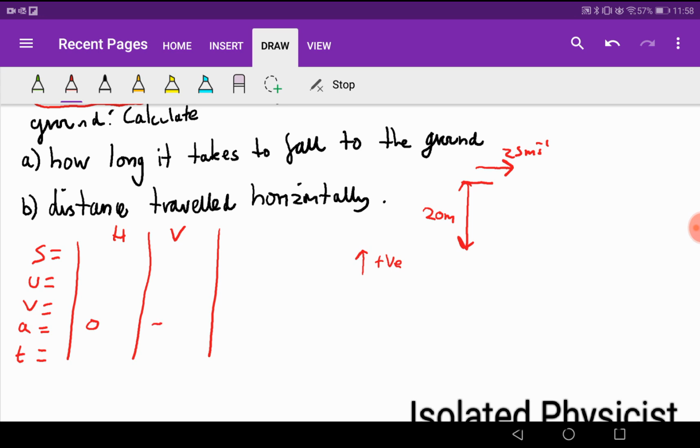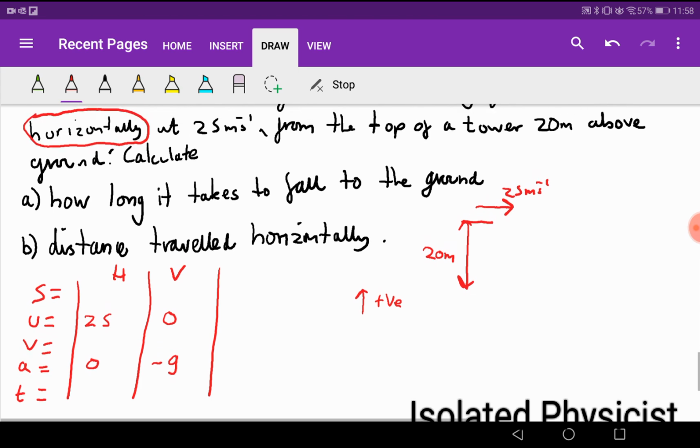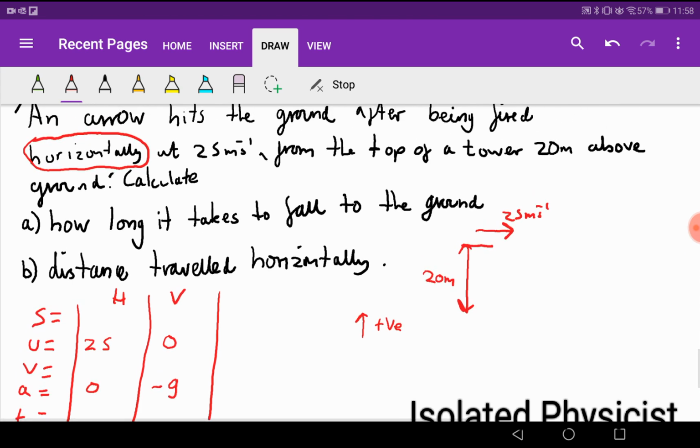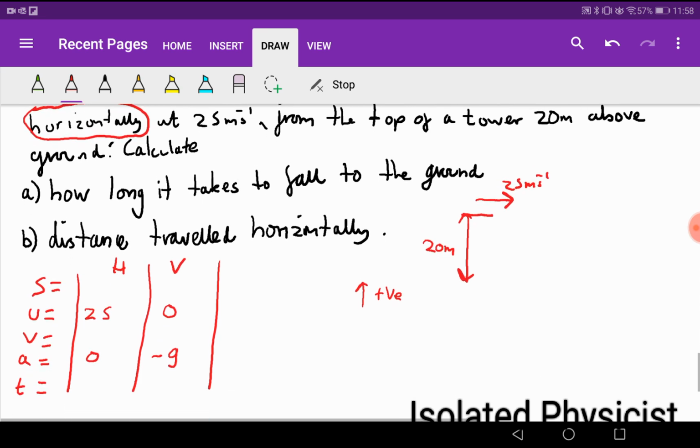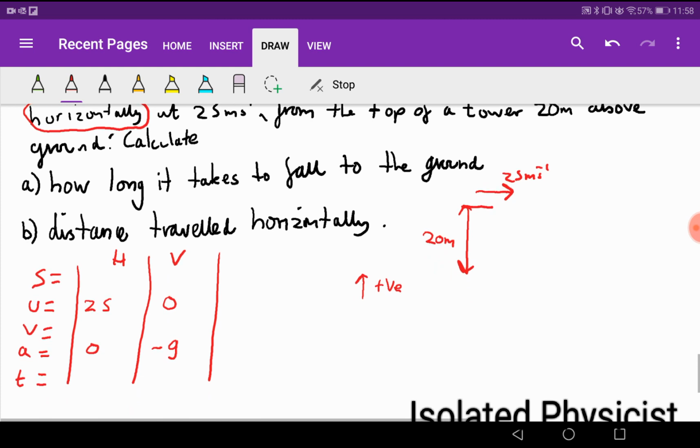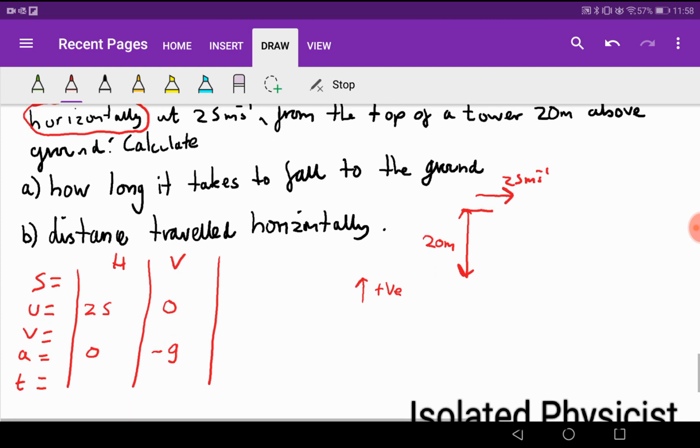Acceleration is going to be minus g. Let's put our velocities in. Our horizontal velocity is going to be 25. Vertical velocity is 0. Let's look at our displacement. It goes from the top to the bottom, so it's going to travel 20 meters downwards. So it's actually going to be minus 20.